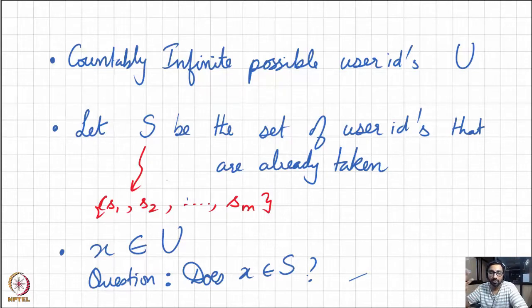Even though some user IDs aren't actually taken, the system may say that that user ID is taken. But one important aspect is that the system will never allow you to use a user ID that has already been used. In other words, it does not allow a false negative. It only allows a false positive. So that's something to keep in mind, and that might show up as we continue in this discussion.